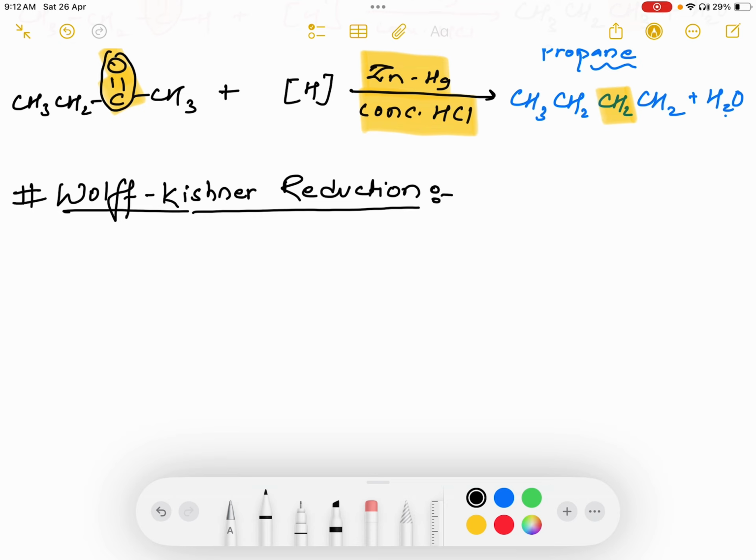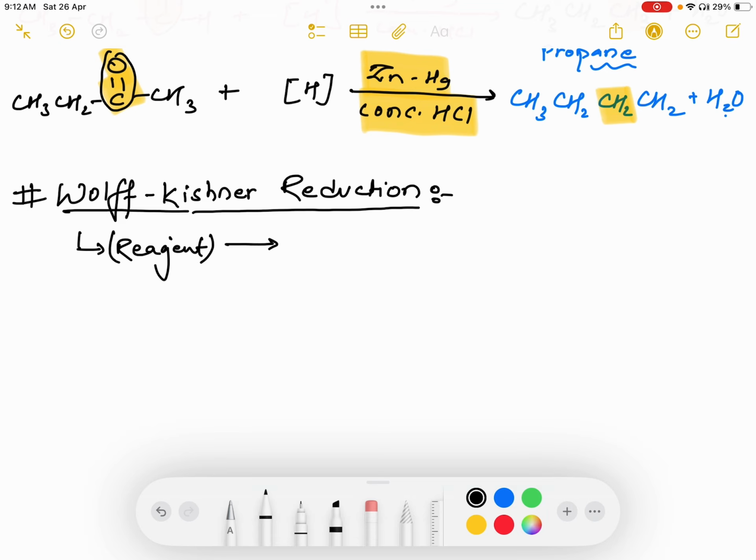So what exactly is the Wolff-Kishner reduction reaction? Again, it is somewhat the same. Its target is the same, in order to convert carbonyl carbon into alkane. Simple. So what is its reagent basically? What is the reagent or catalyst being used in this reaction?